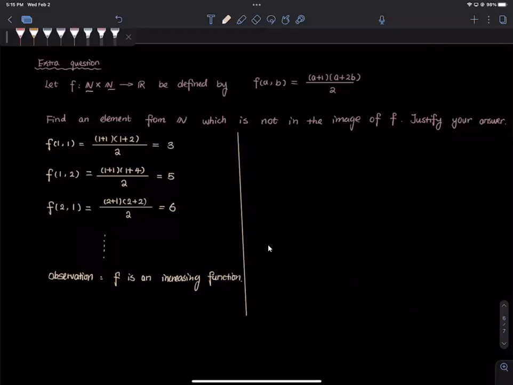It means you'll never get a number that's smaller than 3. And as your a and b get larger, your output is going to get larger. So you cannot map to 4 either.